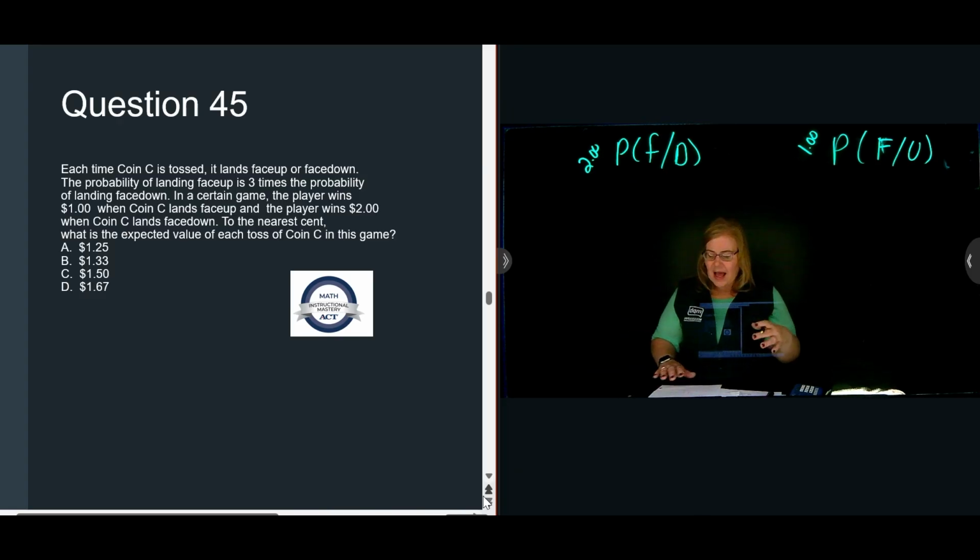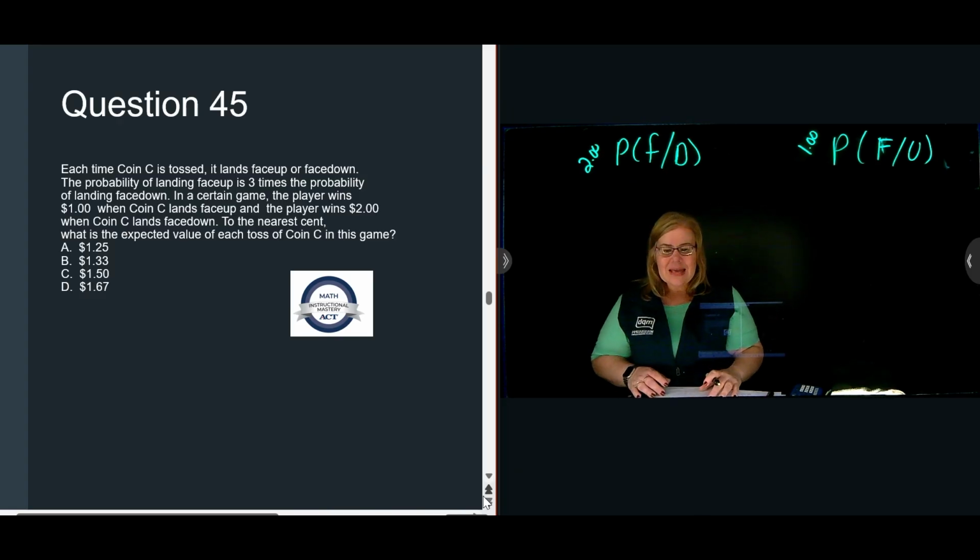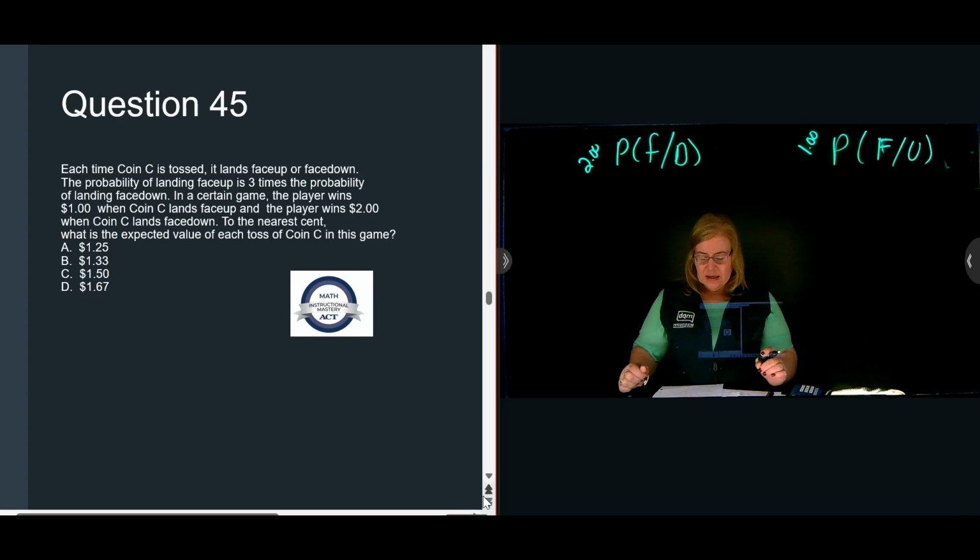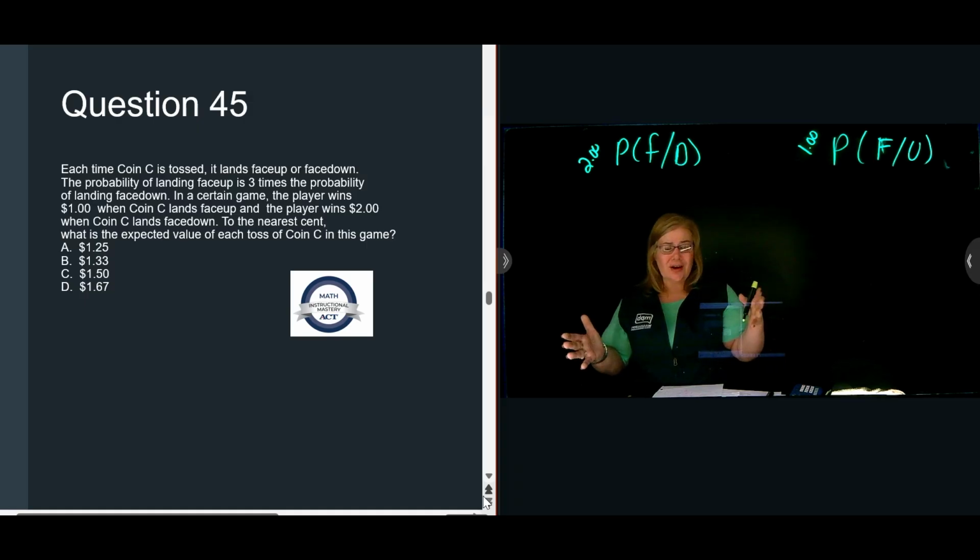So now that we've got this portion, I want to look at my probability, and then, to the nearest cent, what's the expected value for each toss.